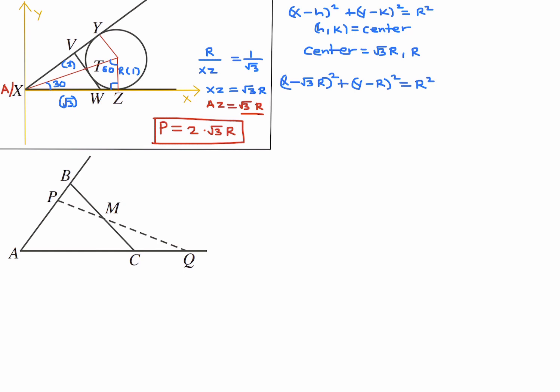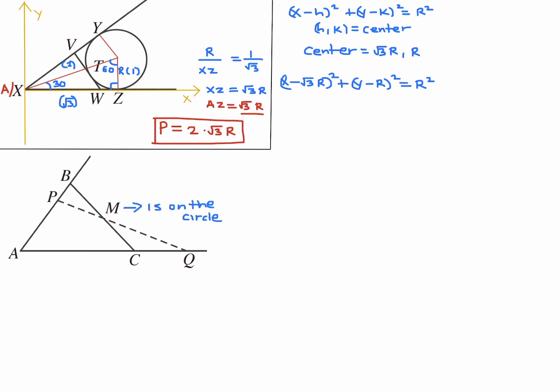When we introduced the circle into the diagram, we concluded that our line that we are going to use has to basically be tangent to the circle. So if it's tangent to the circle, this M point is the point that is tangent to the circle. That is the exact point. So that point M is on the circle.